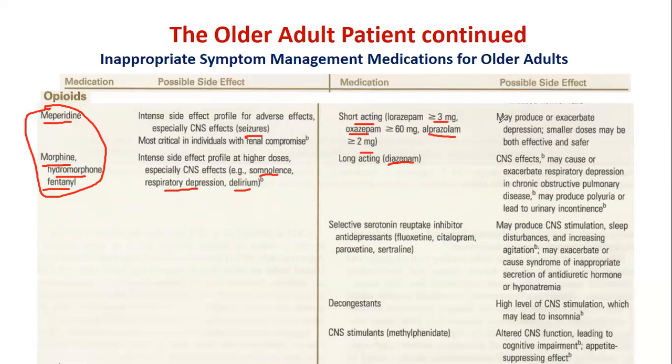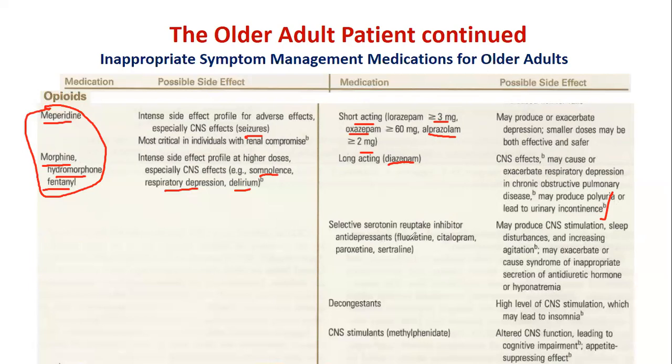So short-acting may exacerbate depression. Smaller doses may be both effective and safer. Central nervous system effects may exacerbate respiratory depression in chronic obstructive pulmonary disease, or may produce polyuria or lead to urinary incontinence.